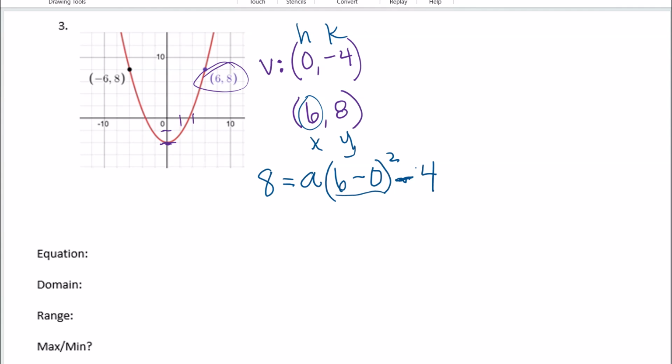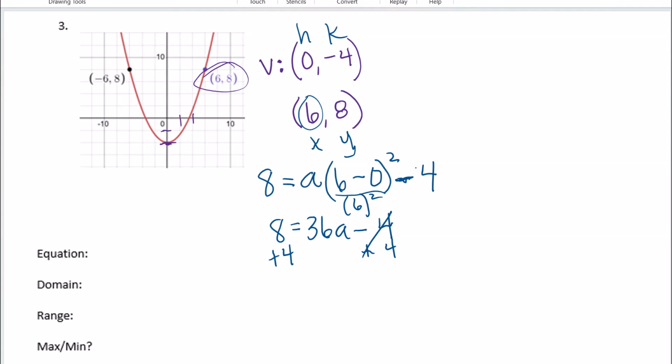All right, so when we simplify this, 6 minus 0 is just 6. 6 squared is going to be 36. So then it will be a times 36, or 36a. We're just going to put that in front of the a. Minus 4. All right, so we keep solving for a.